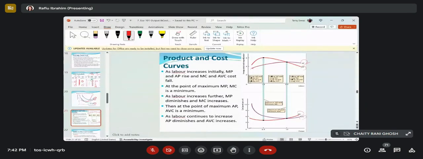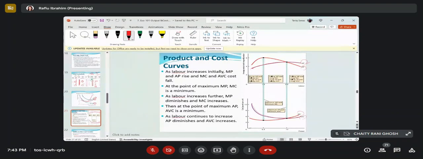Since they produce more, your cost is lower. So as long as the average product is increasing, the average variable cost curve falls. When the average product curve starts declining, it will increase the average variable cost because now on average your workers are losing productivity, so you find it more expensive to spend on workers.